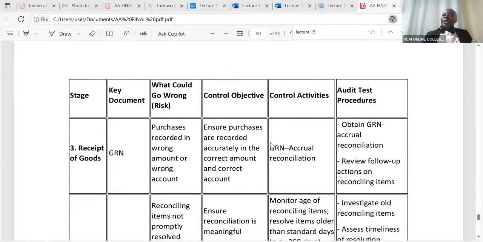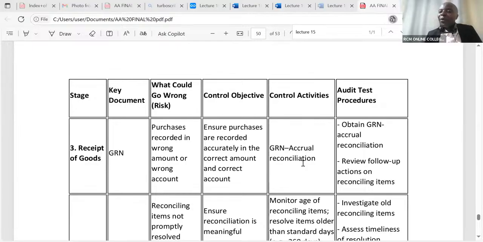Ladies and gentlemen, what are the control activities that you expect here? As an accountant, remember when you receive these goods, if they are goods for resale, you shall debit purchases account. And remember you have not paid, so you credit accruals account.